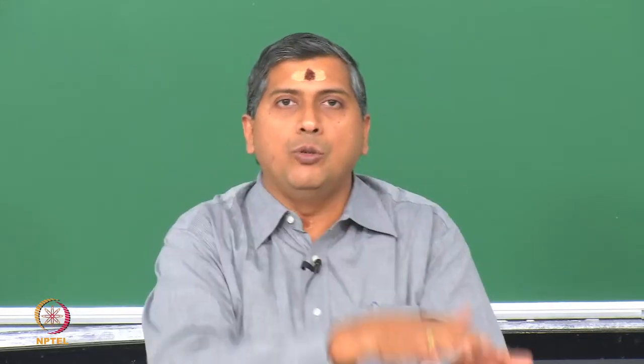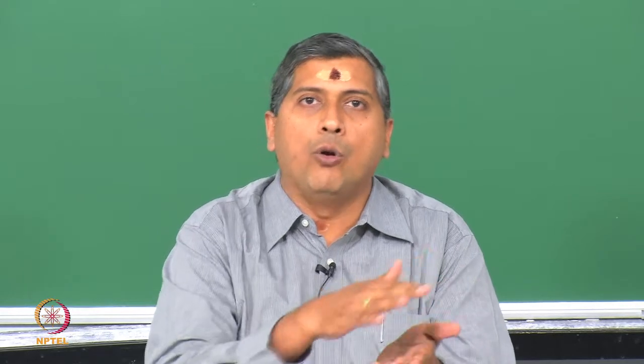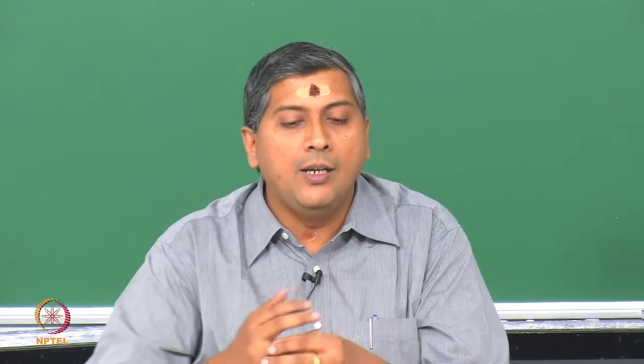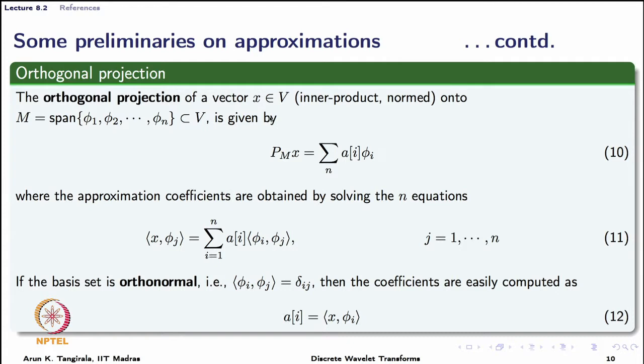So, recall the analogy that we had, a person walking on the road, a 3D object whose shadow is on the 2-dimensional road or the floor or wall and so on. So, you can think of x living, for example, in a 3-dimensional space, and you are projecting that onto a 2-dimensional space. So, n is 2 here for us.